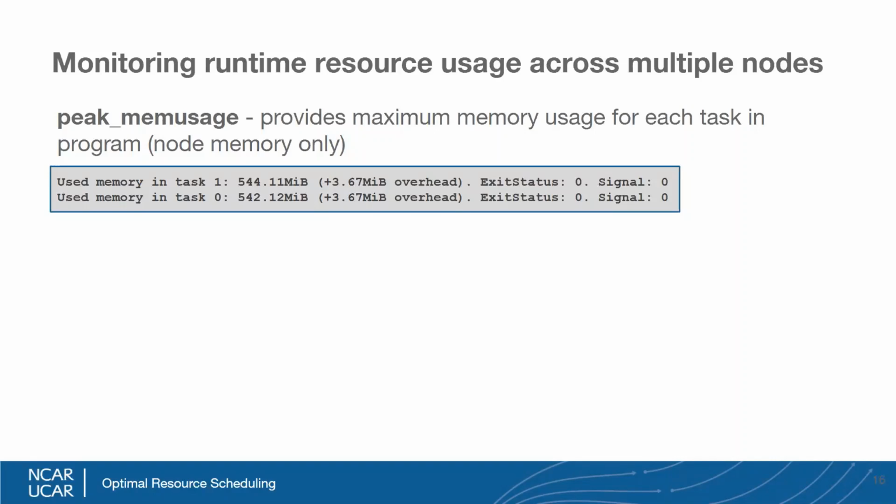So we provide a utility called peak_memusage, and that one will provide the maximum memory usage for each task in a program, and that's on all the nodes. This will give you the node memory only, so it doesn't query the GPU memory. So that's useful for more traditional jobs. And the other thing to note is that this will only give you output if your job completes successfully. So if you run out of memory, you're not going to get any output.